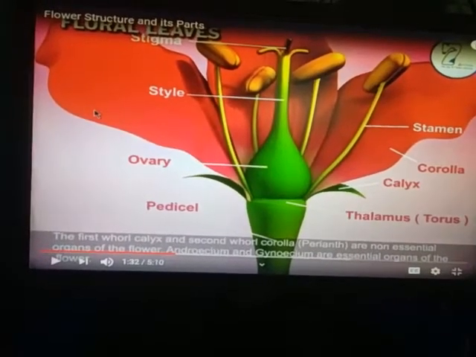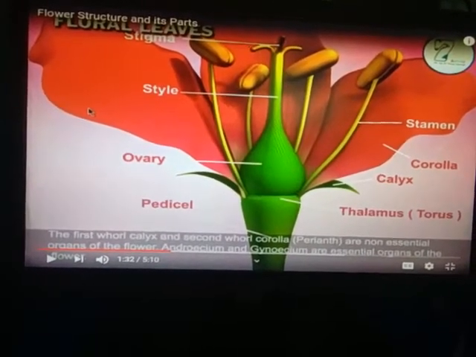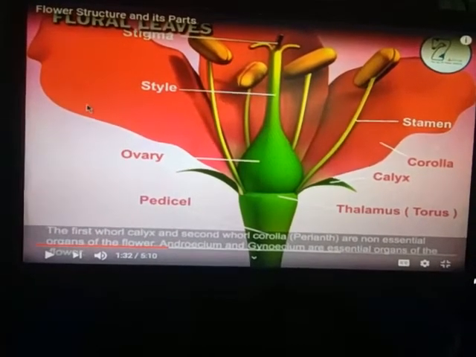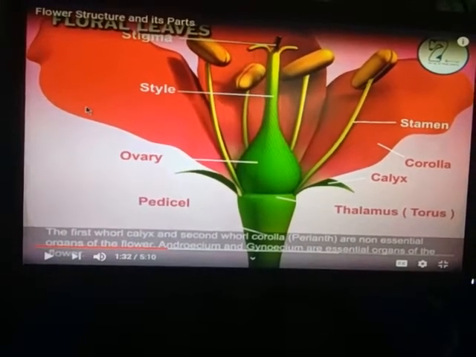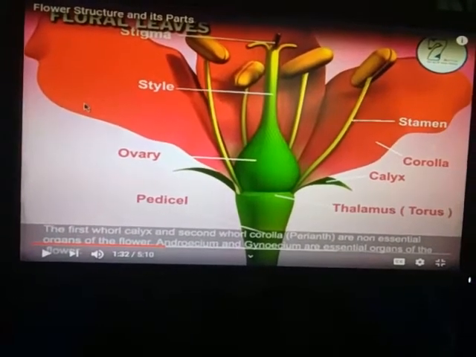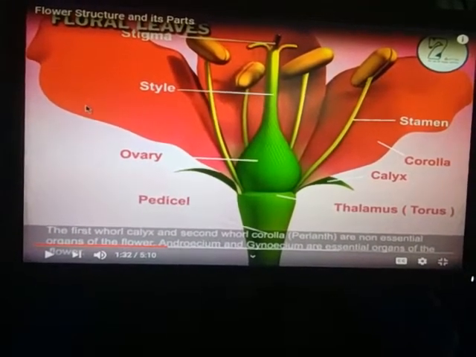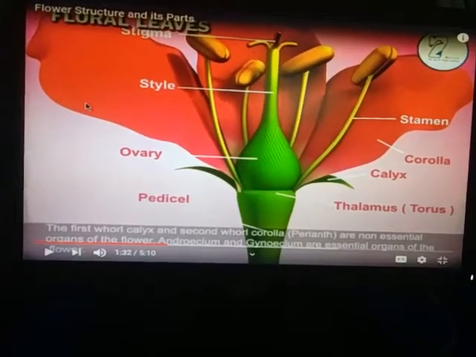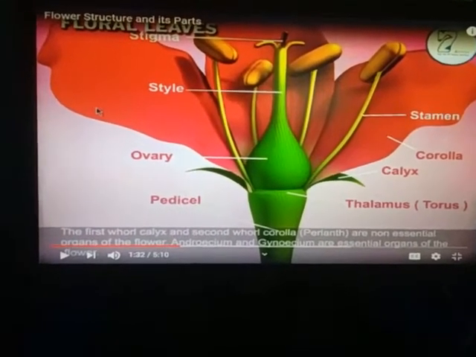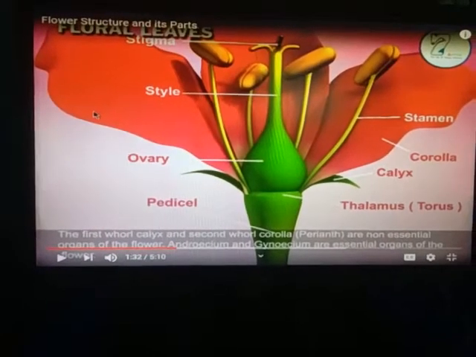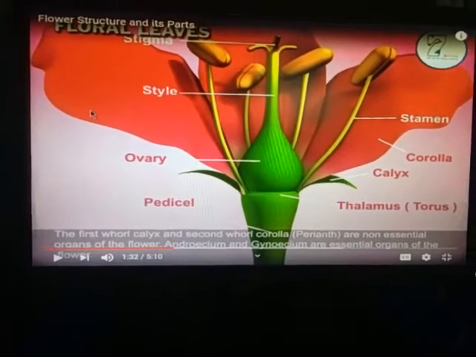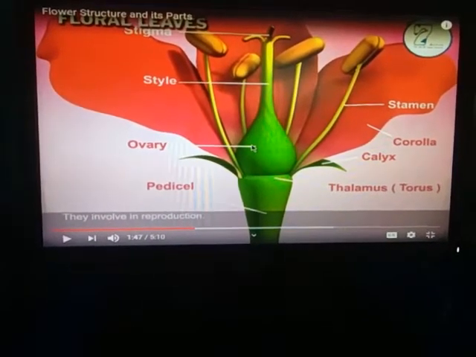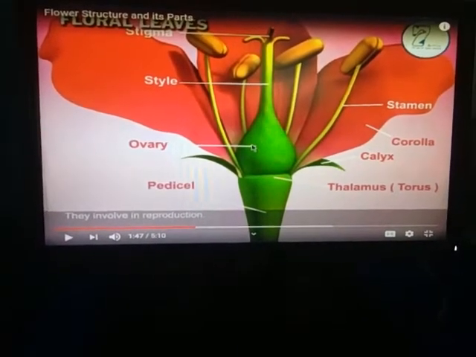Both calyx and corolla, collectively called perianth, are non-essential organs of the flower, but androecium and gynoecium are essential organs of the flower, because these structures are responsible for the development of new flowers from pre-existing ones, and these essential parts are involved in the process of reproduction.